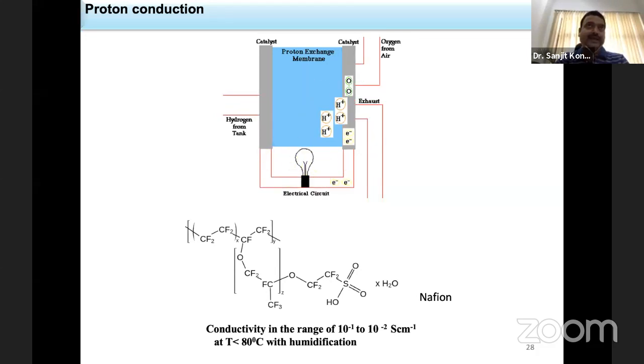So our plan is to make some fuel cell membrane material which will conduct proton in this range, 10 to the minus 2 Siemens per centimeter or above, and it should be stable at higher temperature. It should be stable in presence of water.